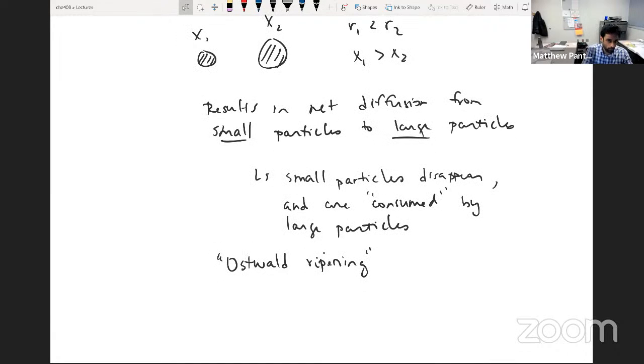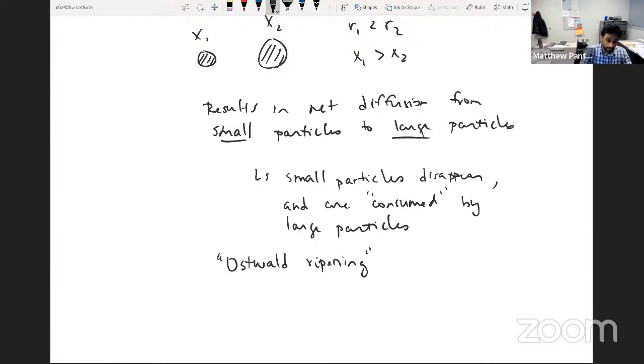So for example, if you have an emulsion system and you have a wide polydispersity in emulsion droplet size, the small ones will basically go and feed the larger ones, and that can give you uncontrolled growth, and it could break apart your emulsion, for example. So this is important when we're trying to understand the stability of colloids too, in a different way.